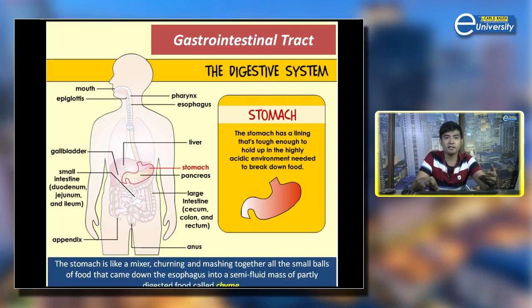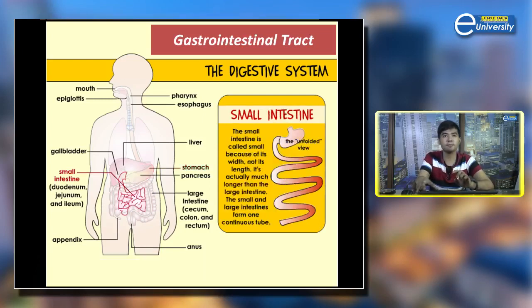The stomach is like a mixer, churning and mashing together all the small bits or small balls of food that came down from the esophagus. The semi-fluid mass of partly digested food that is later released by the stomach is called chyme.